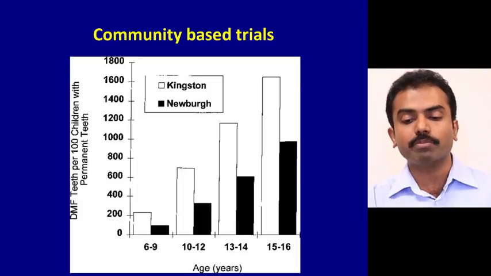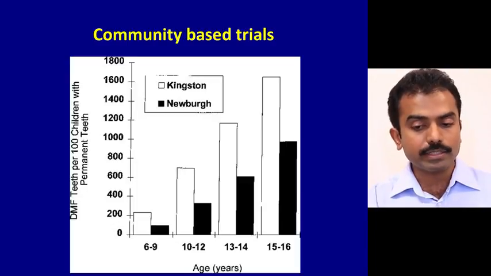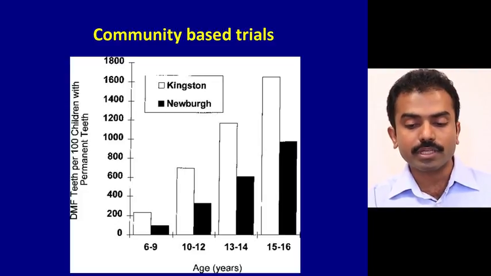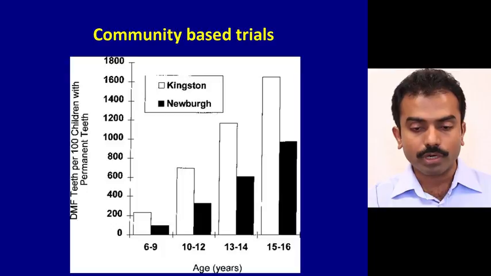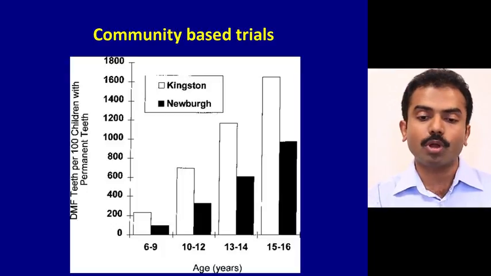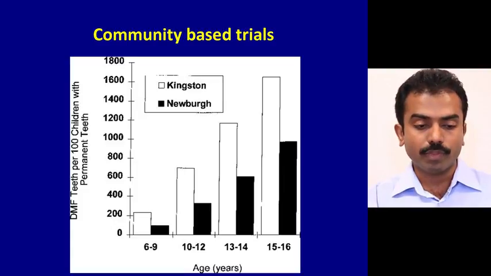And then they followed up for 10 years to find out what happens to the dental caries rate. As you can clearly see here, in the community which got its water supplies fluoridated, there was a clear reduction in incidence of dental caries, making a strong case for fluoridation of water supplies. So this is an example of community-based experimental design.